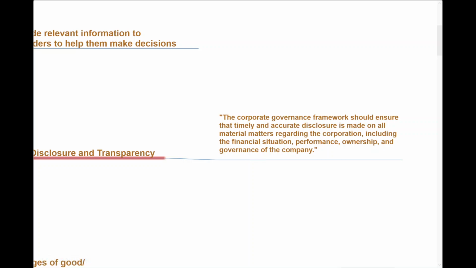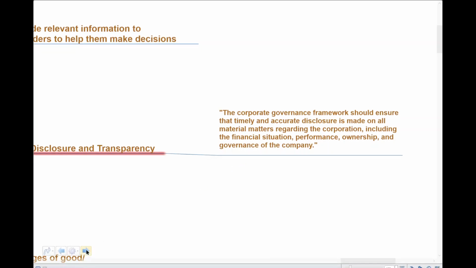So in essence, corporate reporting and the Corporate Governance Framework are designed to provide information to help stakeholders. Stakeholders need information to assess the company, to perhaps assess their own situation in terms of their shareholding, and so on.